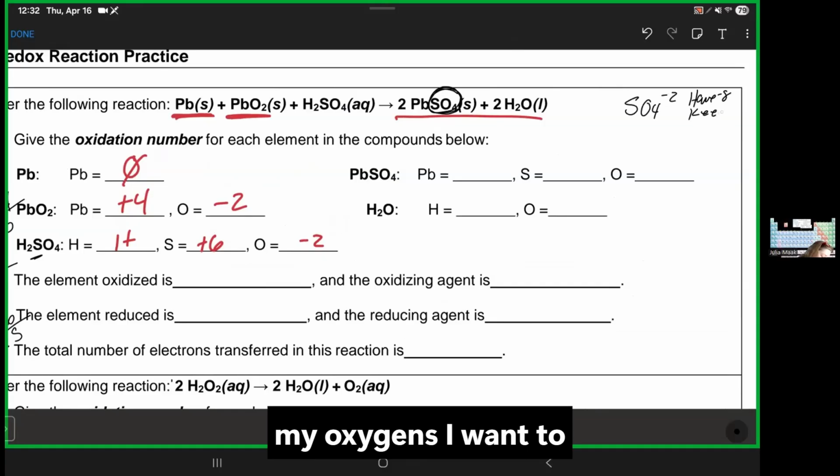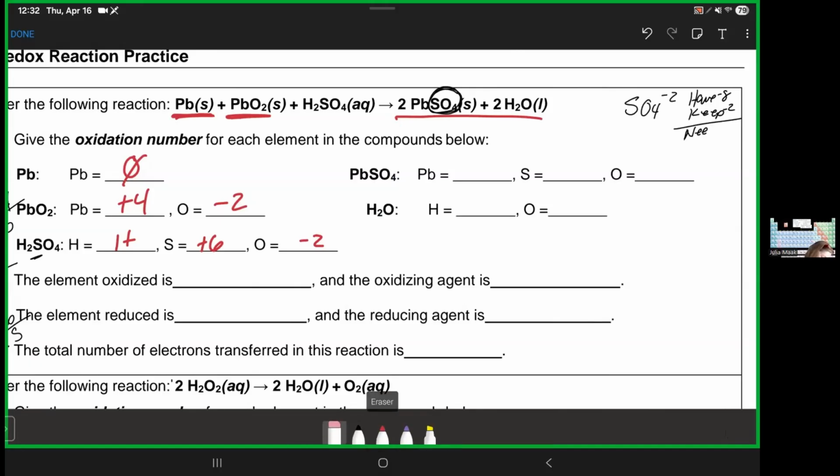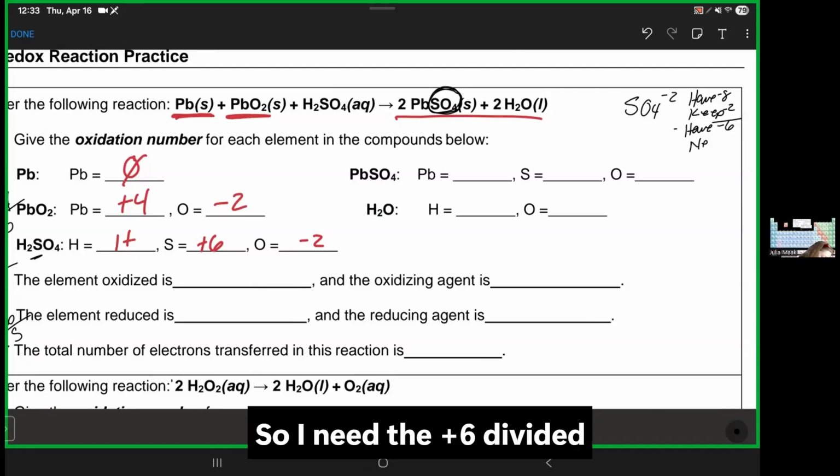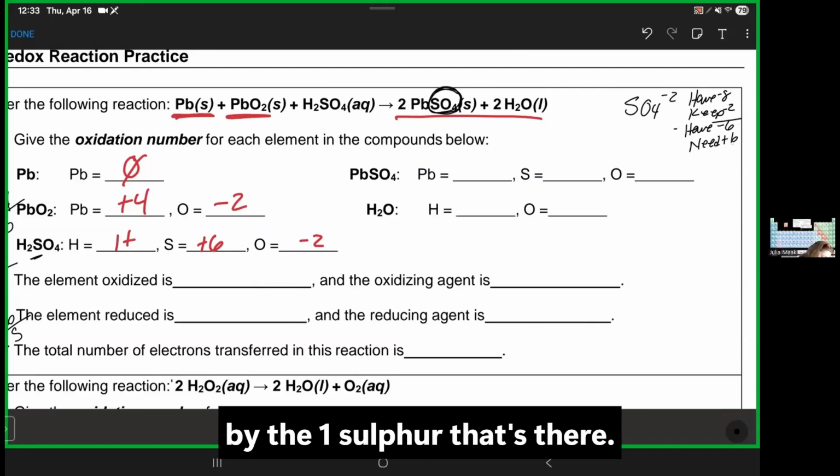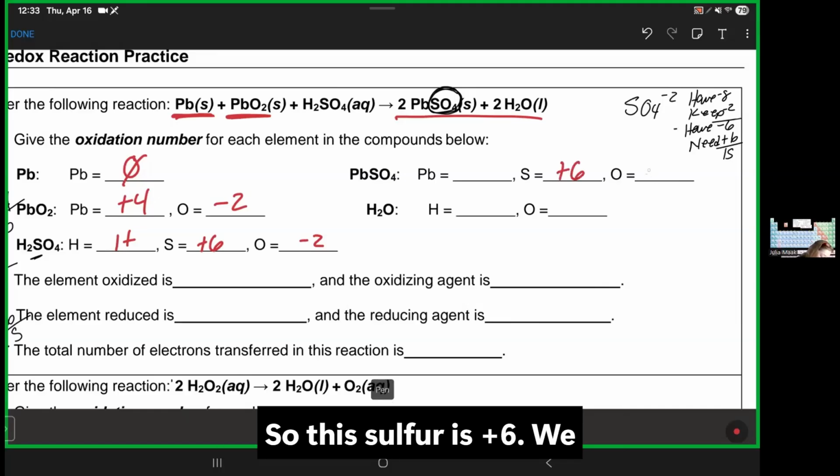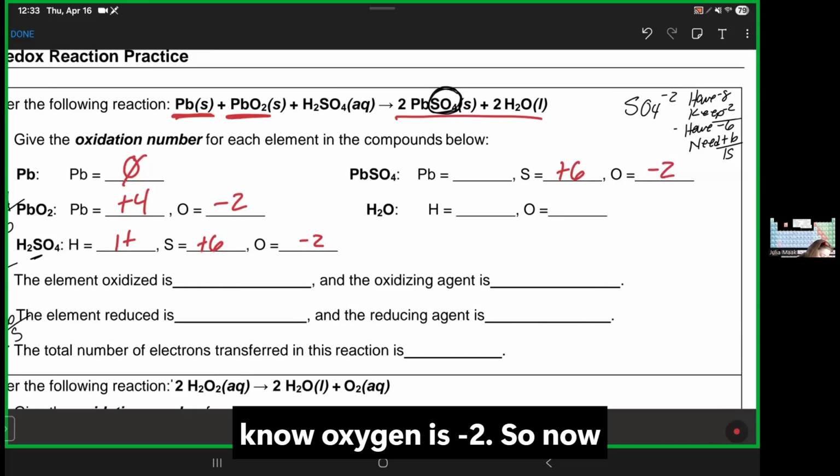I want to keep -2. So I have a -6, so I need the +6 divided by the 1 sulfur that's there. So this sulfur is +6. We know oxygen is -2.